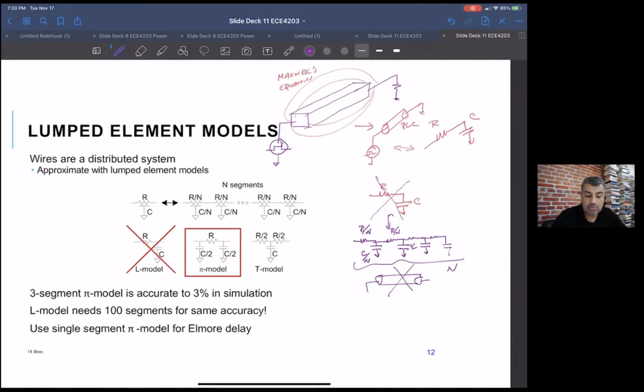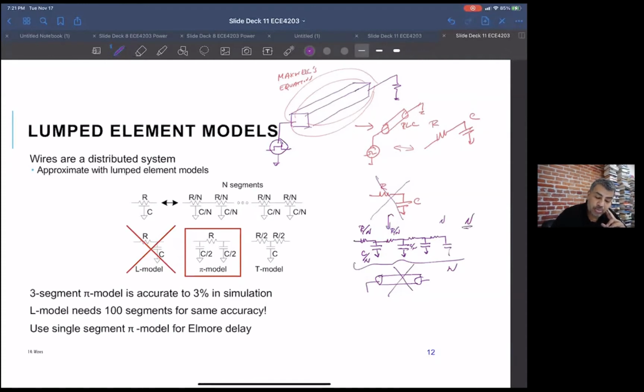Putting in a lot of segments is difficult to deal with. Imagine you want to use this for a hand calculation and you want to do an Elmore model for a whole lot of segments. That would take a lot of calculation, right?